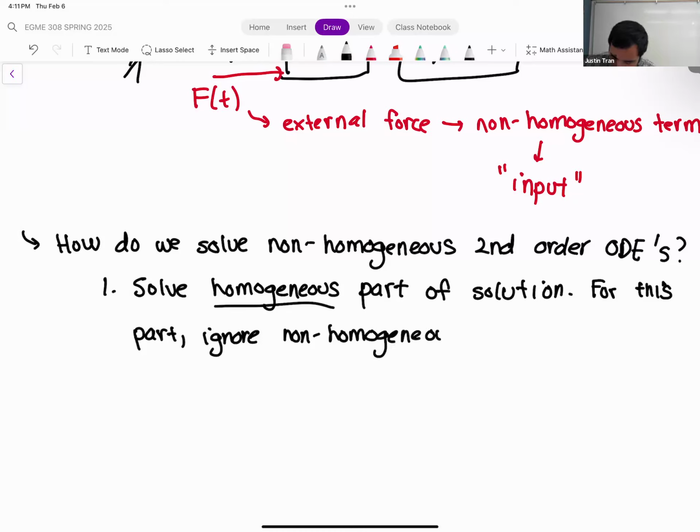So step one is to pretend it's a homogeneous problem and solve it like normal. This is going to give us what I call YH, which is what's called the homogeneous solution.